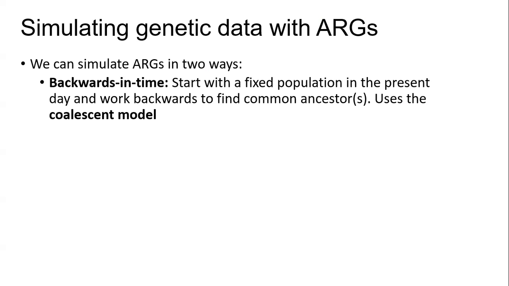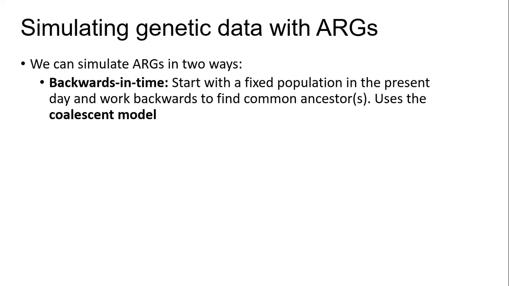So if I take this group of people, while we all, I'm pretty sure, have different parents who are not closely related to each other, I guarantee you that if we were to go far back enough in time, we would find a single common ancestor, at least for each chunk of our genome. And so these algorithms just do that.